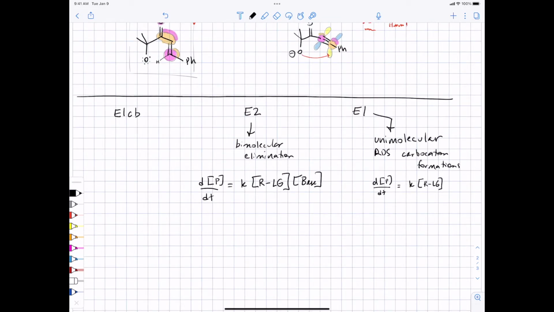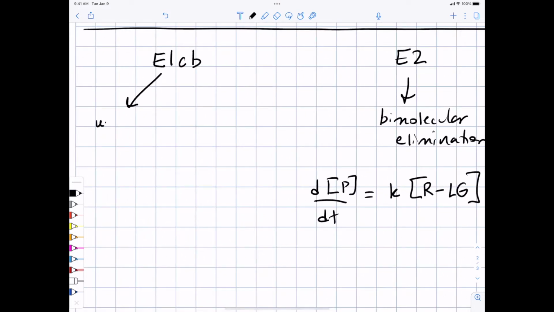Now, E1CB is also unimolecular. But it involves, although it can be more complicated than that, generally deprotonating first.